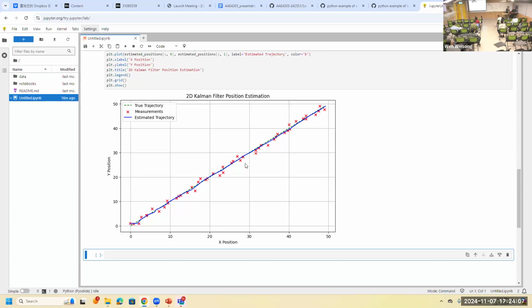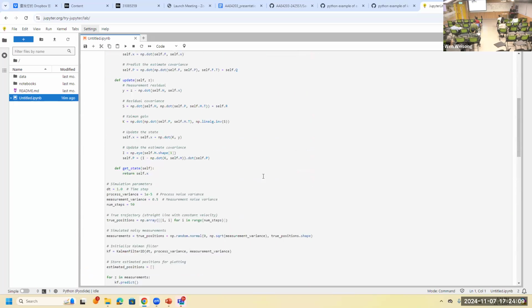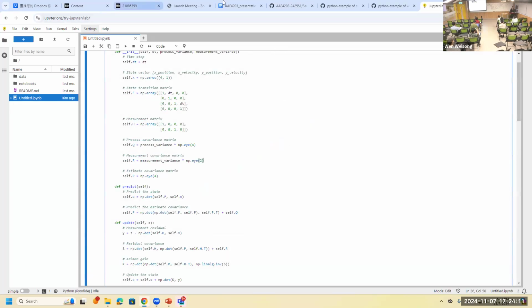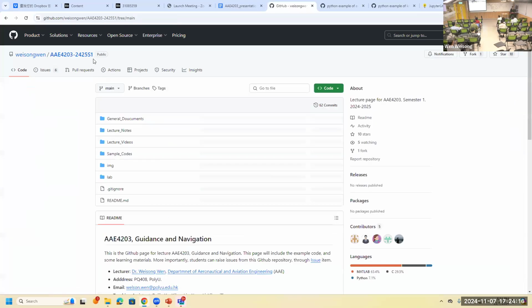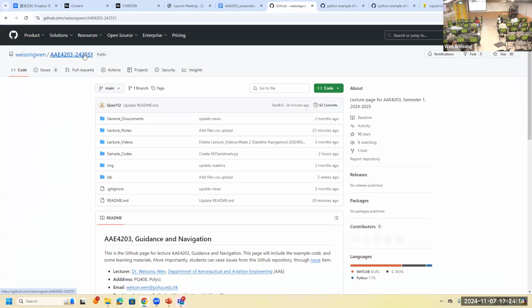Okay, so let's give the code a try. I will explain the code. Let me show you how. First, find the repository. Open your laptop and find the repository.